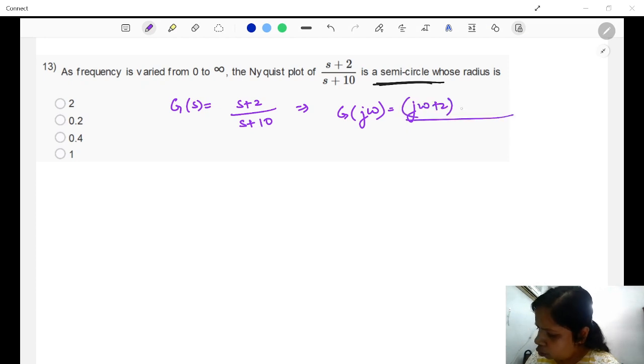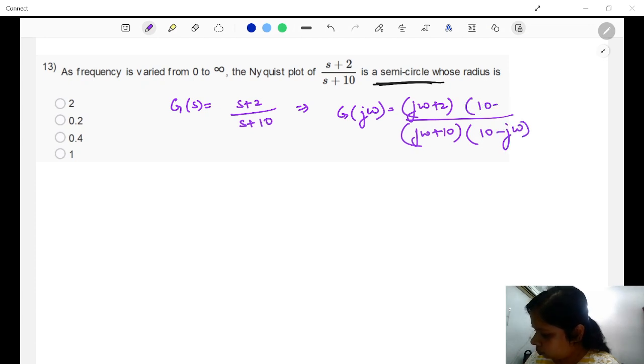Let's multiply with the conjugate. You should get this. Do check.